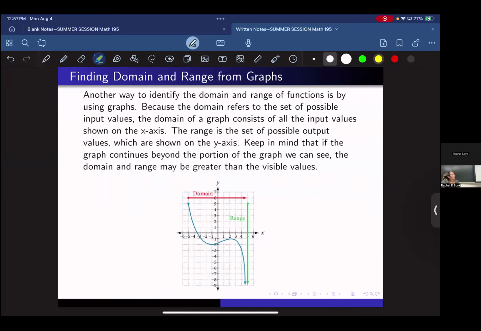Right. Another way to identify domain and range is just simply by looking at a graph. If you're given the graph, it's very, very straightforward because your domain is just all of your possible x values. There's no arrow here, but there's an arrow here.